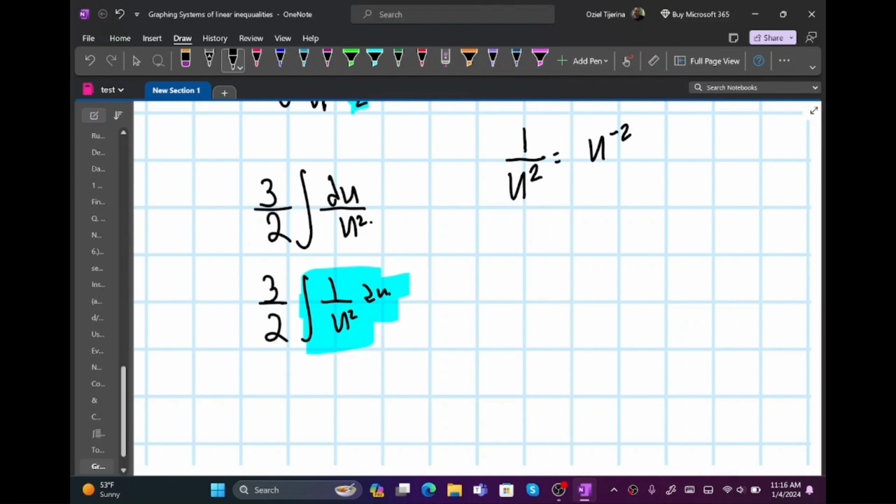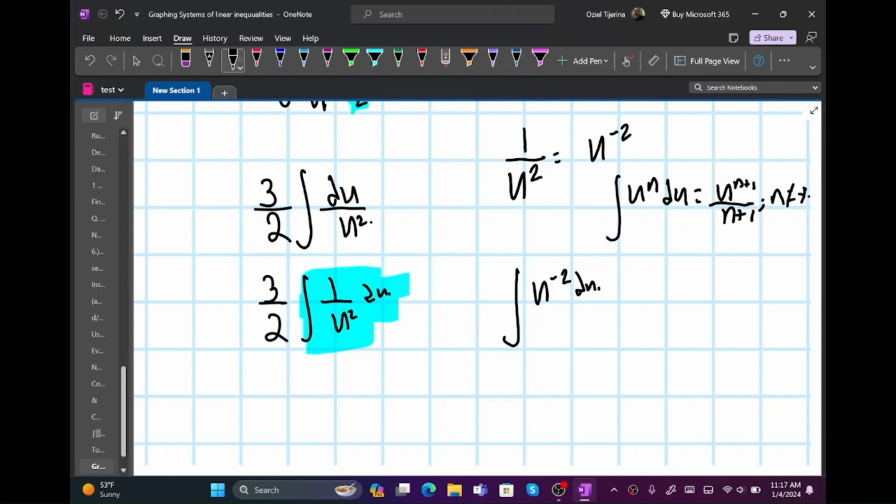So then what you're going to do is say the following. This is the integral of u to the negative 2 du, and then using power rule, remember that the integral of u to the n du is equal to u to the n plus 1 over n plus 1, such that n does not equal negative 1.